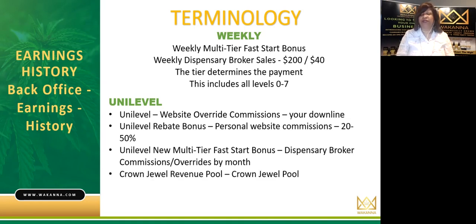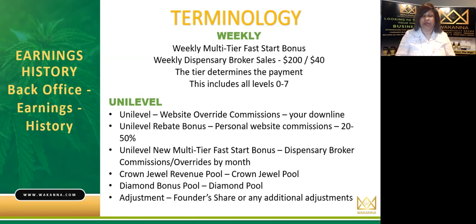Crown Jewel revenue pool. Well, we know what that is. That's kind of self-explanatory. That's the Crown Jewel pool. Diamond bonus pool. That's the diamond pool. Adjustment. This is where, if there were any errors or any adjustments that need to be made, they would be listed under this tab.